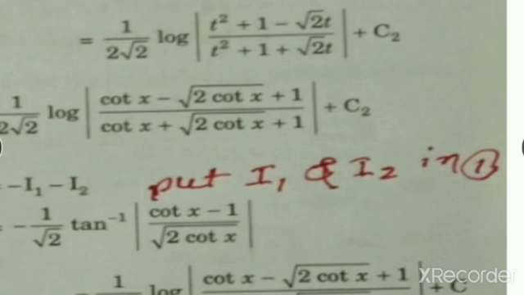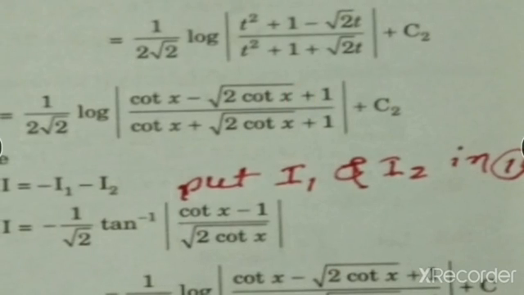Substituting value of t square is equal to cot x: 1 upon 2 root 2 log t square means cot x minus root 2 root cot x plus 1, denominator is also cot x plus root 2 root cot x plus 1, plus arbitrary constant.